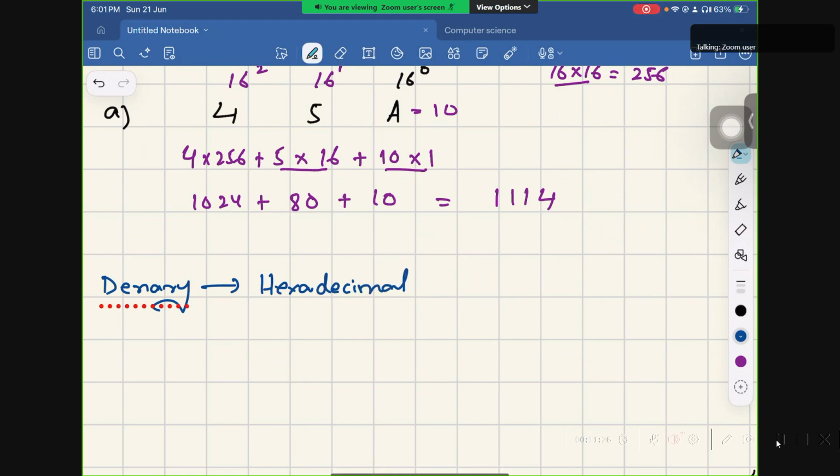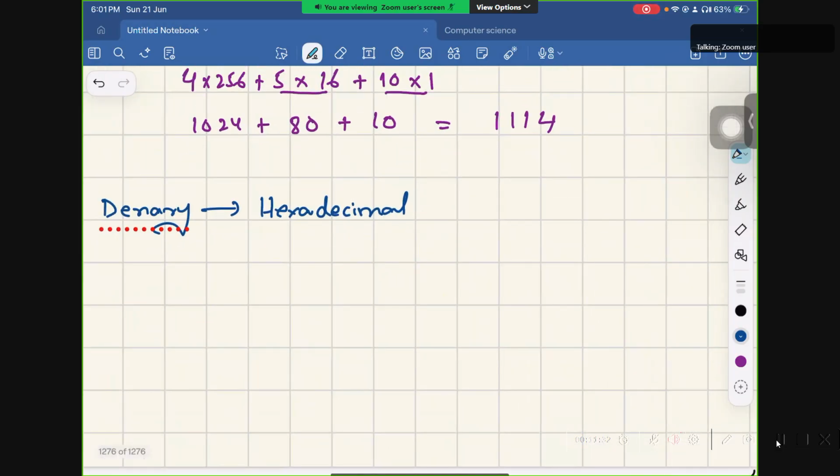For example, I have a number 98. What I will do is divide it by 16 because this is hexa. So we are going to divide it by 16. You can do it by converting into binary first and then splitting the whole number. I will show you how to do that.